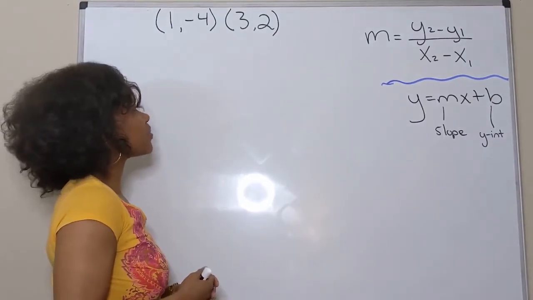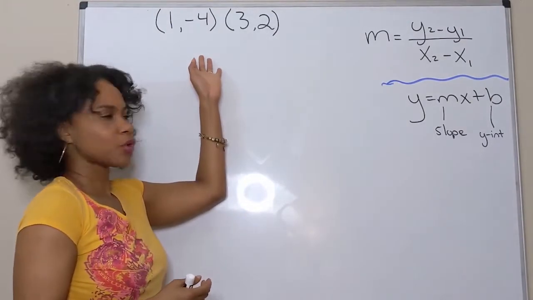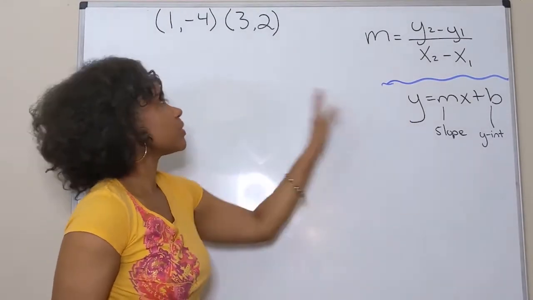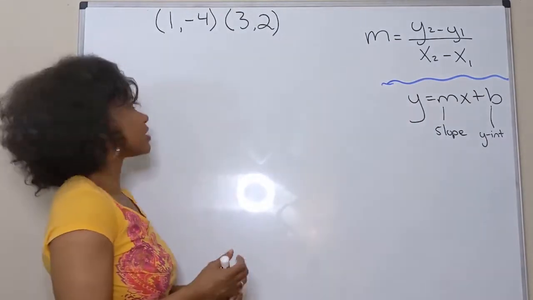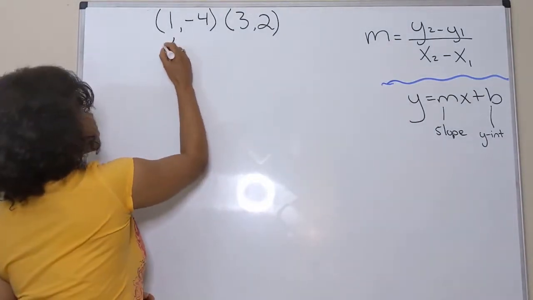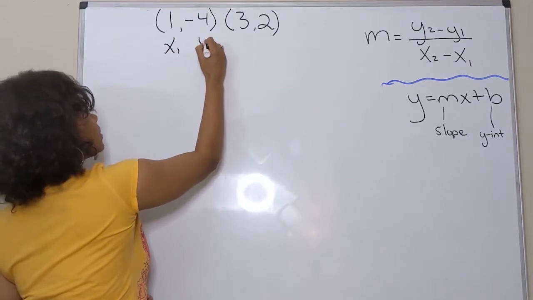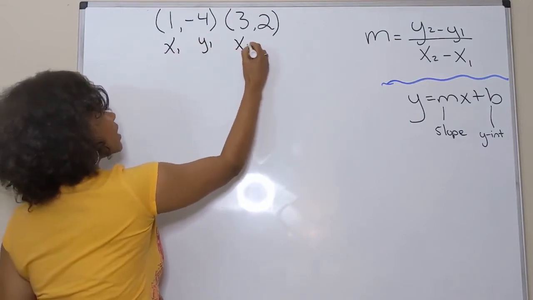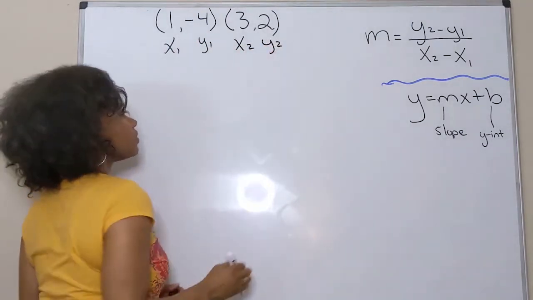Okay, so we have another problem here where we want to write an equation in slope-intercept form using these two ordered pairs. So of course, first I'm just going to label our ordered pairs x1, y1, x2, y2.